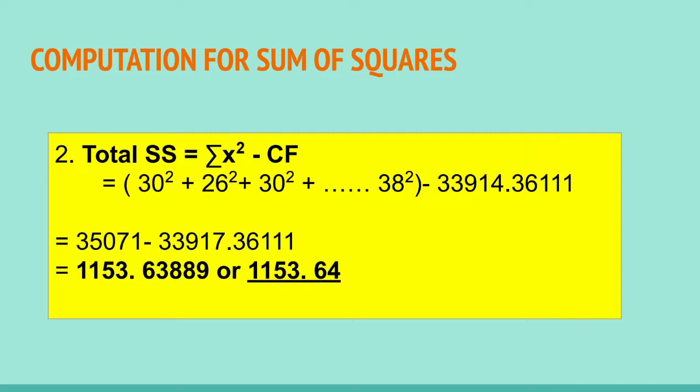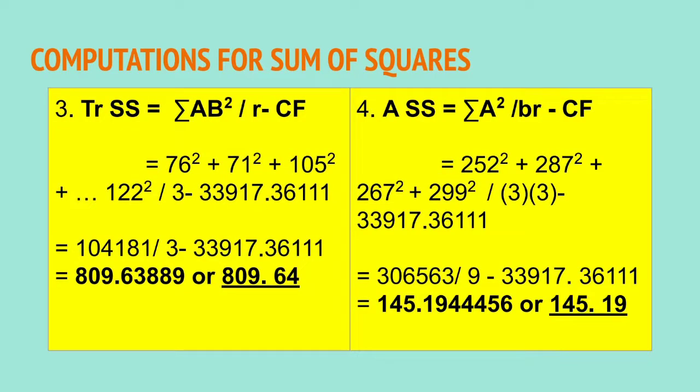So equal to 30 squared plus 26 squared plus 30 squared up to 38 squared, then minus 33914.36111, is equal to 35071 minus 33917.36111, equal to 1153.63889, or 1153.64.